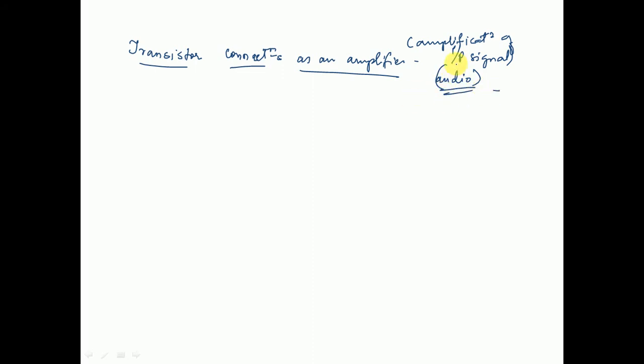For example, the microphone that I am using right now, which I have no clue if it is functioning properly or not, has got an amplifier. It is capturing the sound energy, converting it into electrical energy, and amplifying the amplitude of the alternating current so obtained. That is the function of the amplifier.